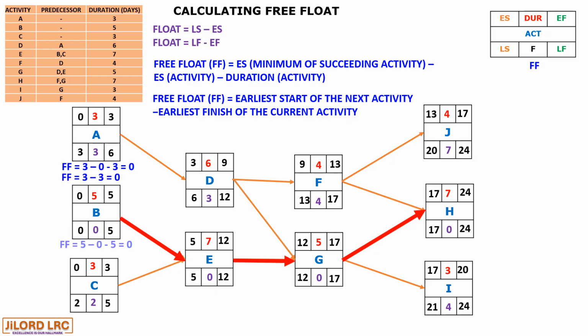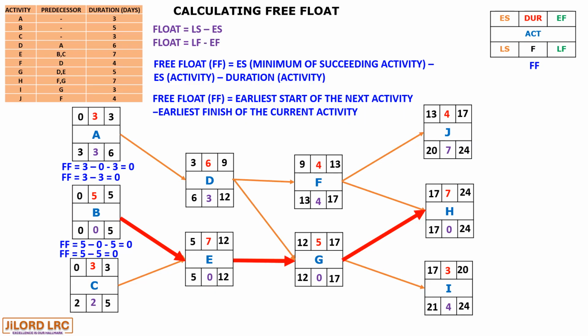For activity B, we have the early start of the succeeding activity minus the early start of the current activity. So that is 5 minus 0 minus its duration 5, giving us 0. Or using the second formula, it is 5 minus 5, that is 0.